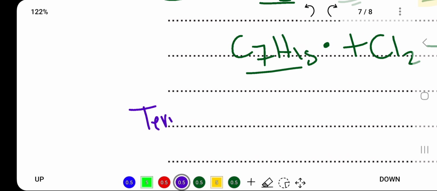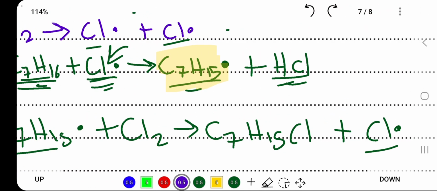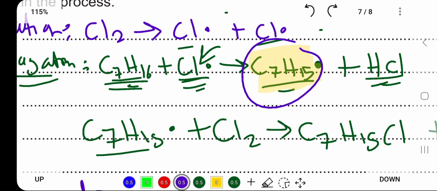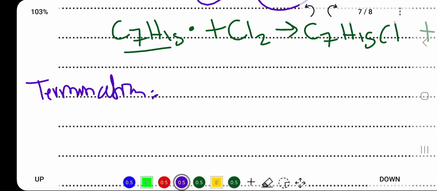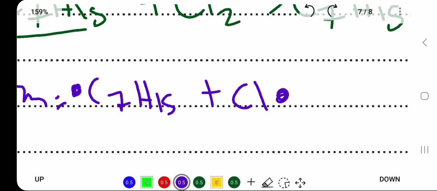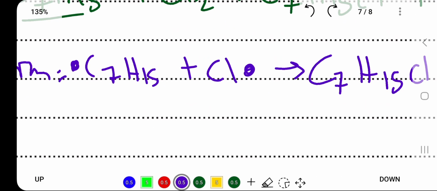Now you have the termination part, which basically is where you need to add all the radicals. You have the C7H15 radical. You have also the Cl radical. Basically, you add them all together. You can add C7H15 radical plus Cl radical to give you the entire product C7H15Cl.